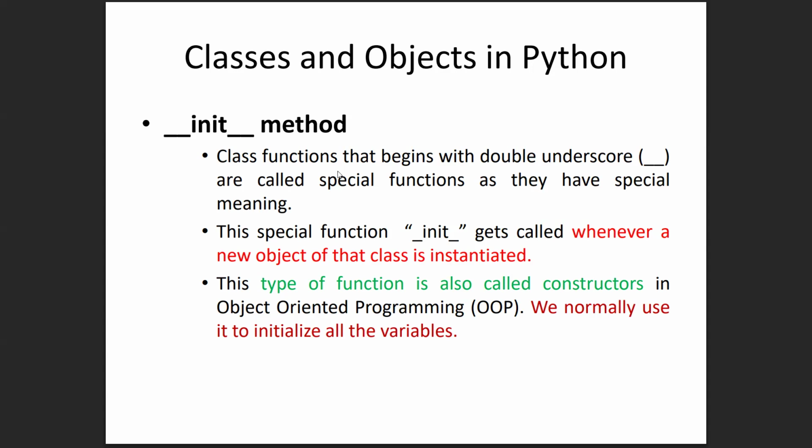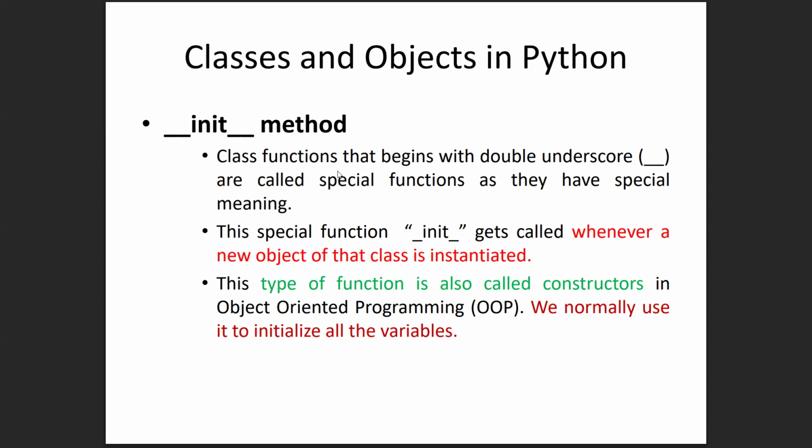It means they are special functions and they have special meaning also. The special function init gets called whenever a new object of the class is instantiated. It means whenever a new object of the class is created, at that time this init method will get called.